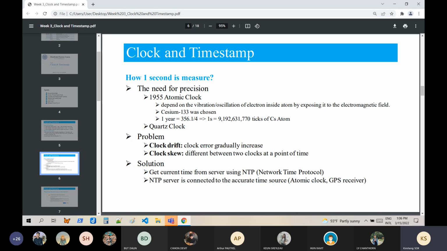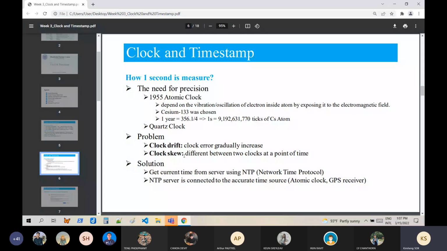Clock drift is the error increasing gradually, from small to bigger and bigger. But if two or three clocks at the same moment show different times, we call that clock skew. For example, one clock shows 1 o'clock and another shows 1 o'clock and 1 minute.